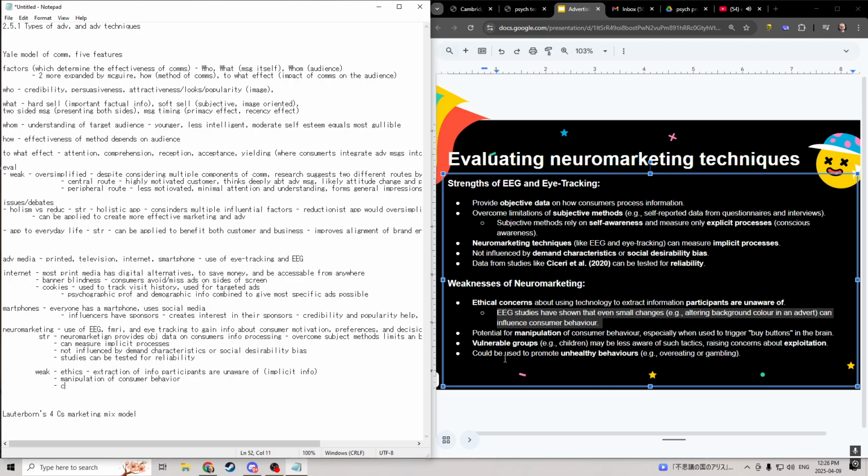Vulnerable groups may be unaware of these methods. Exploitation. And last one, could be used to promote unhealthy behaviors.